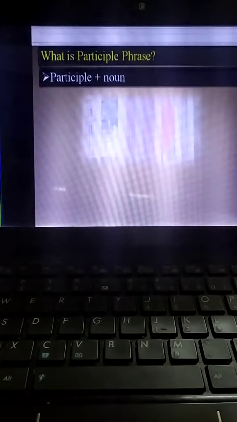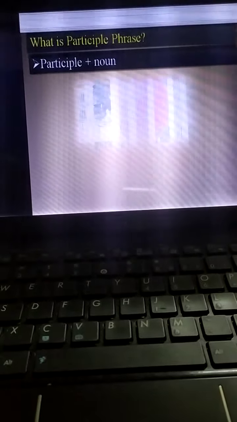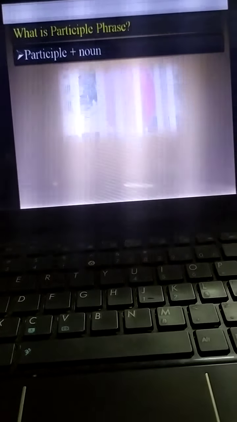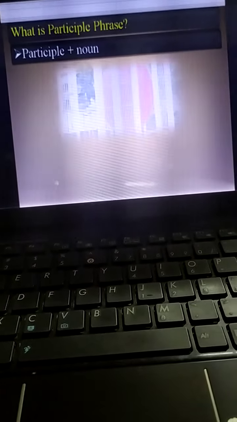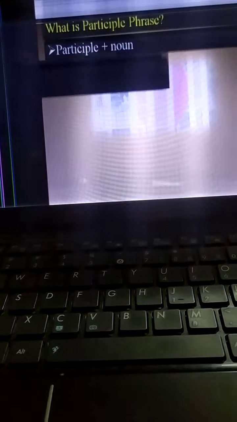Now, what is participle phrase? Participle plus noun. Participle phrase means participle plus noun. A participle, maybe present participle or past participle, and with this participle, if there is some extension, you can say this is participle phrase, maybe present participle phrase, maybe past participle phrase.